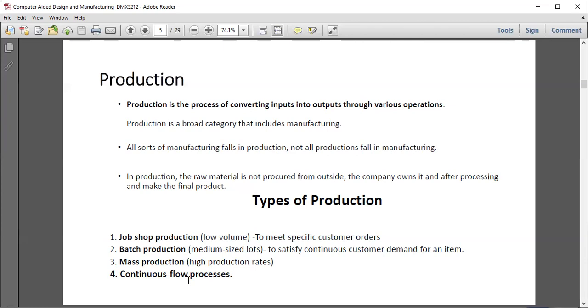For instance, in a sugar manufacturing plant, from sugar canes you extract juice and solidify it, bleach it, make powder, and filter it. It's a continuous flow of process. In our course we will talk about these three types of production.